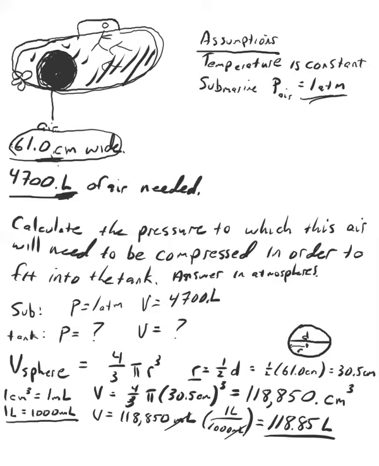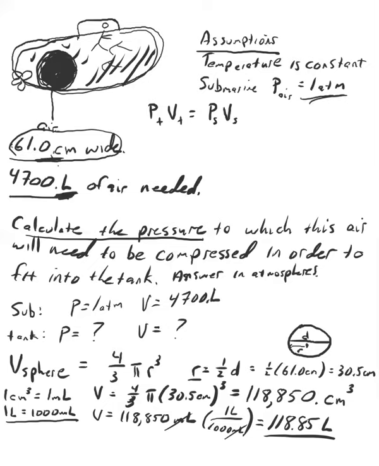And the question then, coming back to the original question, is to calculate the pressure to which this air needs to be in the tank in order to work out. So I'm going to write it this way. Pressure of the tank times volume of the tank is equal to pressure of the submarine times volume of the submarine.